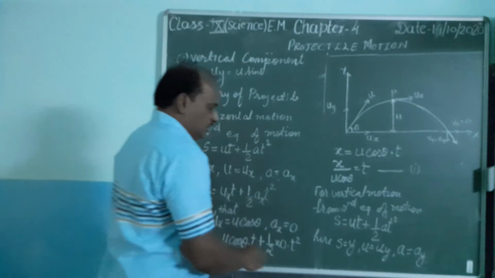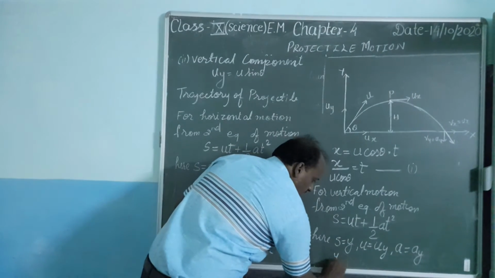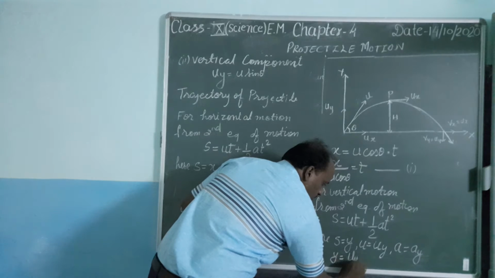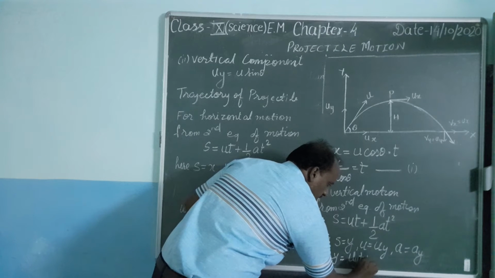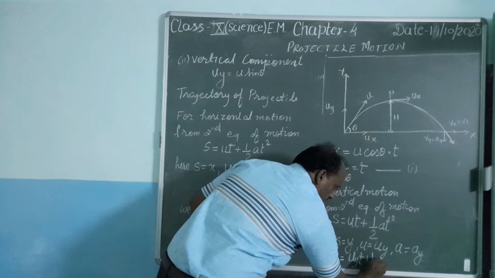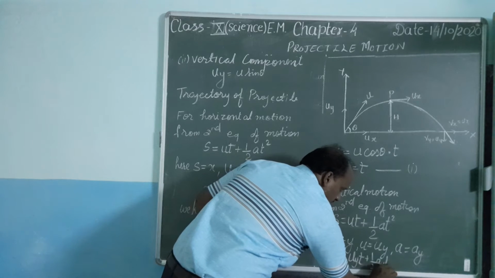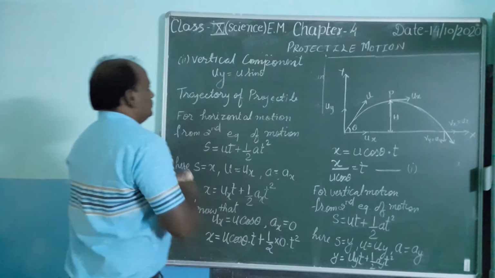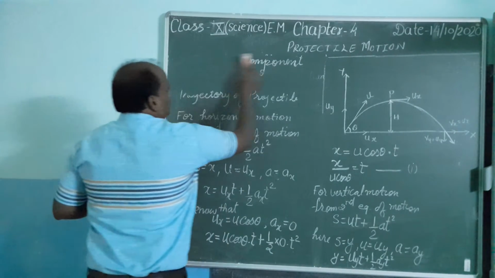So the equation becomes y equals uy t plus half ay t square.